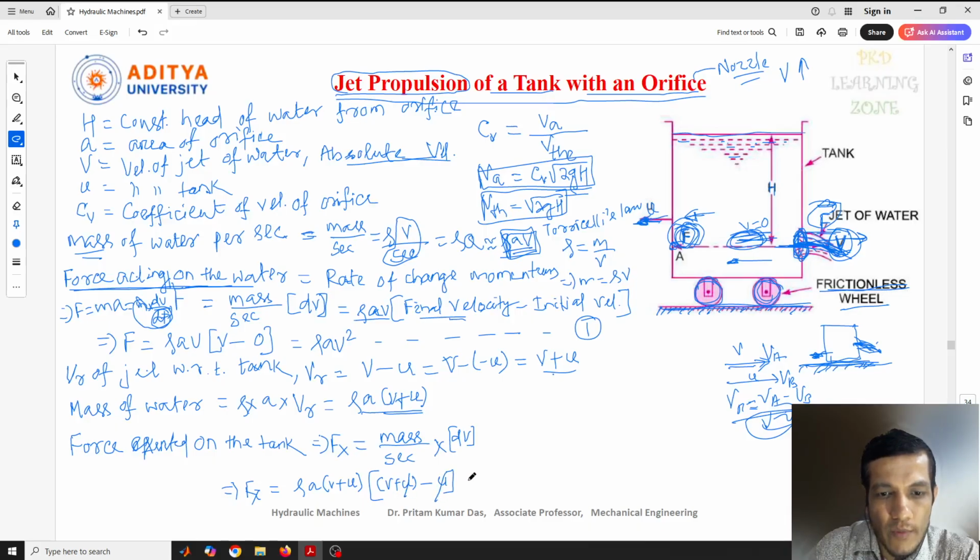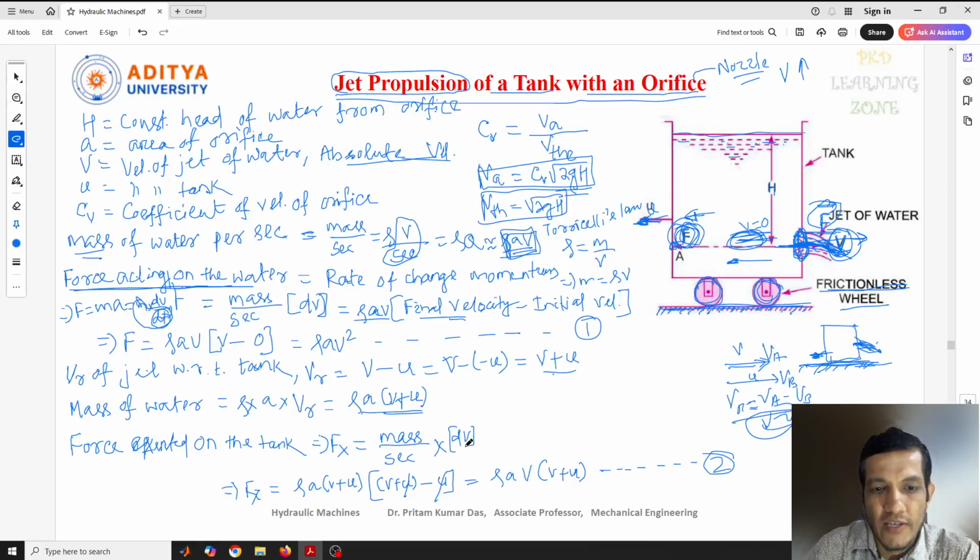So what remains is rho AV times bracket V plus U. We can mark this as equation number 2. I hope you understand this equation.